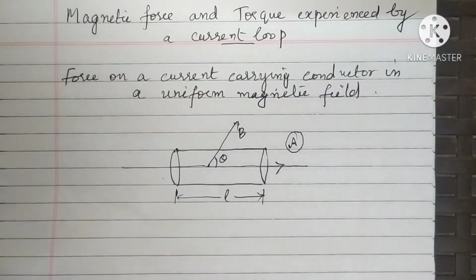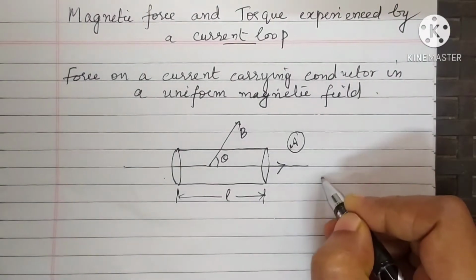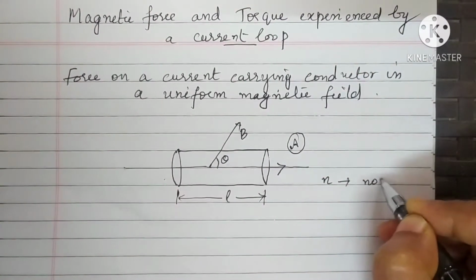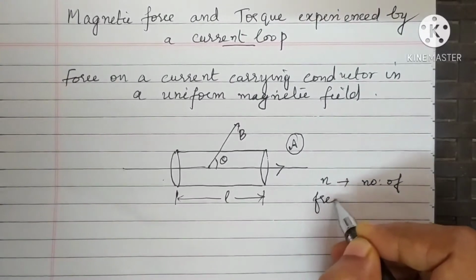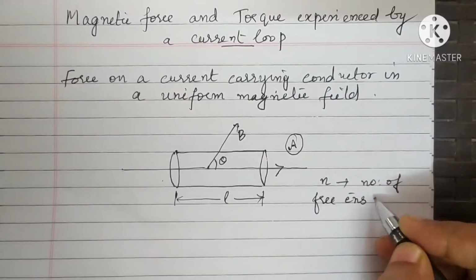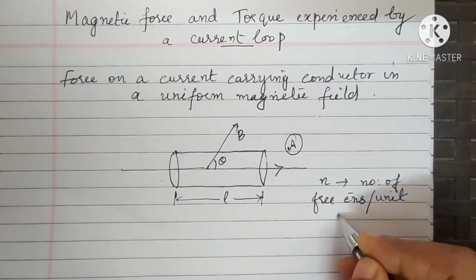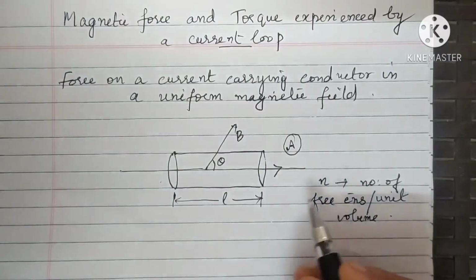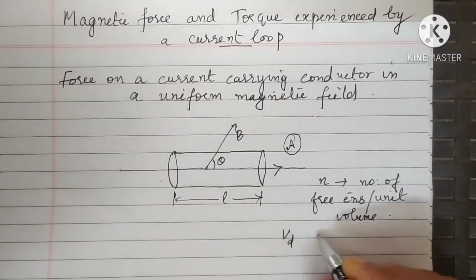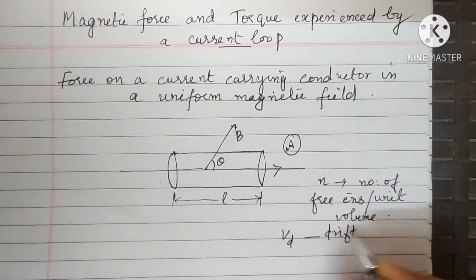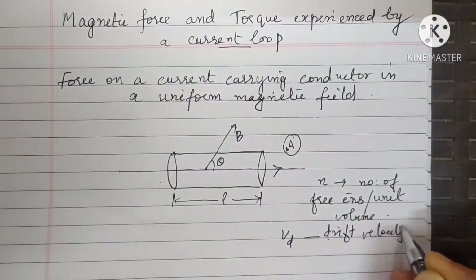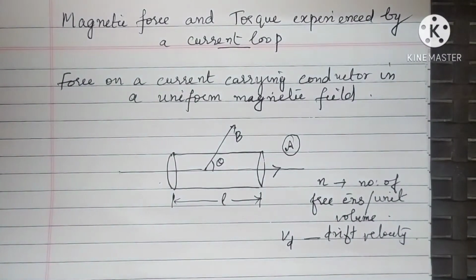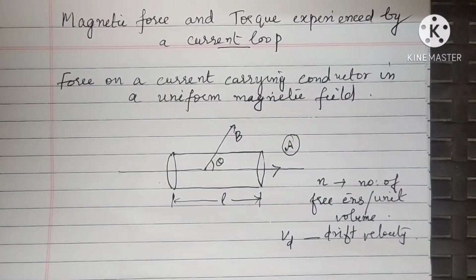Suppose you consider small n is the number of free electrons per unit volume in the conductor. And also Vd, you know what is Vd? Yes, it is the drift velocity of the electrons. Clear? So small n is the number of free electrons per unit volume, and Vd is the drift velocity of the electrons.